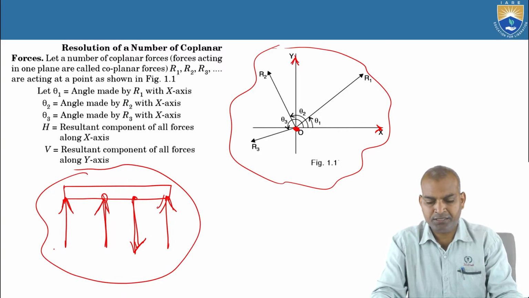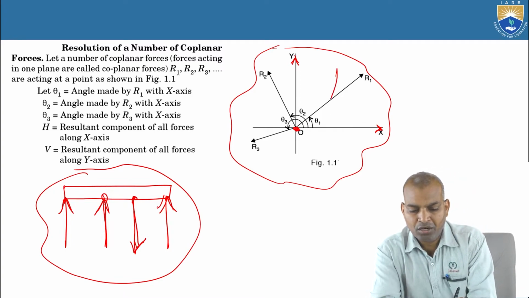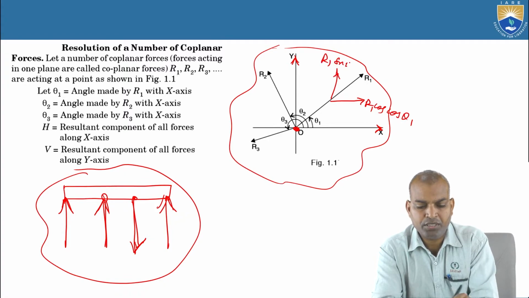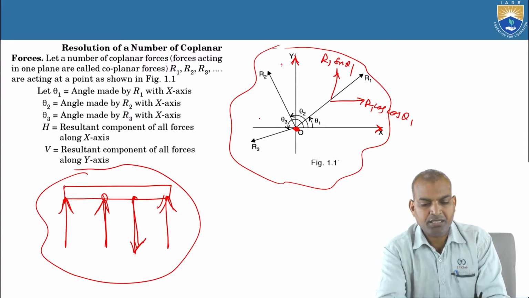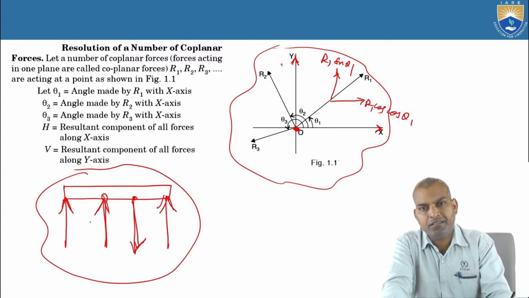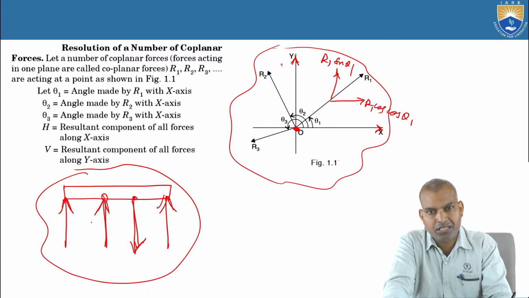We resolve into horizontal and vertical components. It becomes R1 cos theta 1 horizontally and R1 sin theta 1 vertically, similarly R2 cos theta 2 and R2 sin theta 2, and R3 cos theta 3 and R3 sin theta 3.